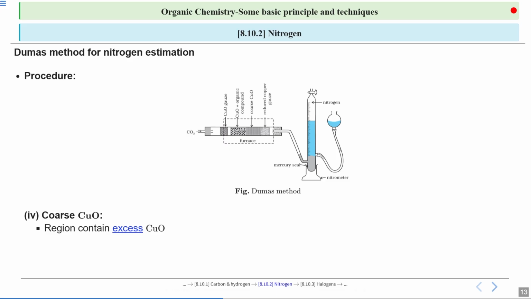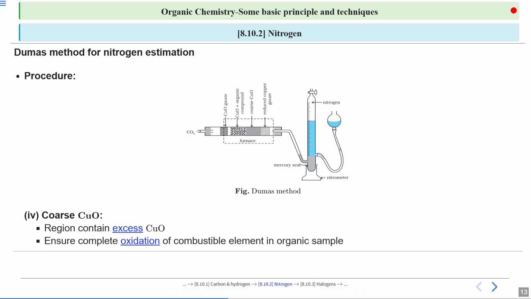Thus, this region contains an excess of copper(II) oxide. Having more than enough copper oxide ensures that all the combustible elements in the organic sample can react completely. This is important because incomplete oxidation would lead to inaccurate nitrogen results. So we have taken 3 layers in total. And what is the need of that? The only need of these 3 layers is to achieve complete combustion.